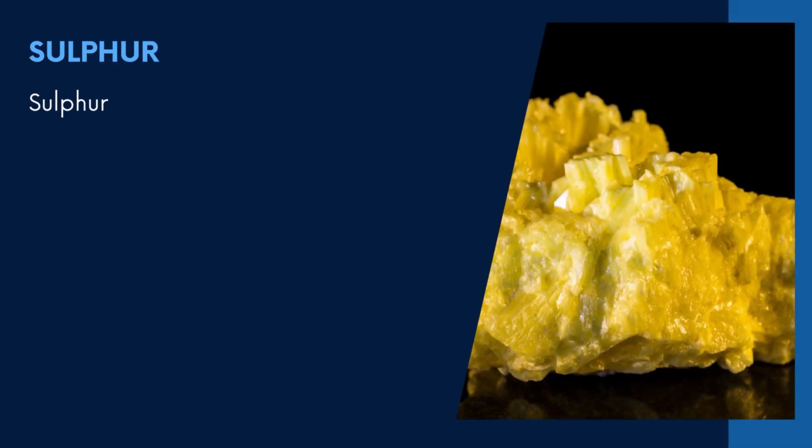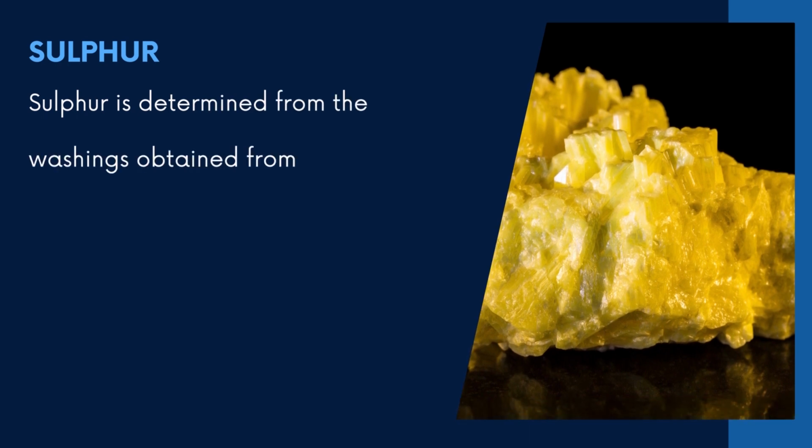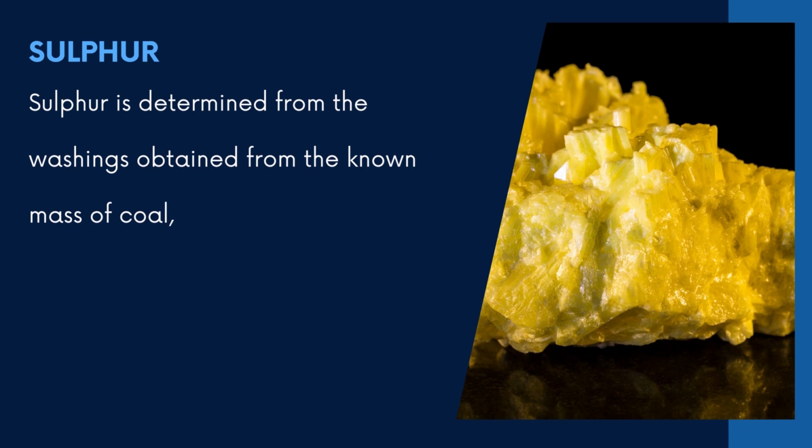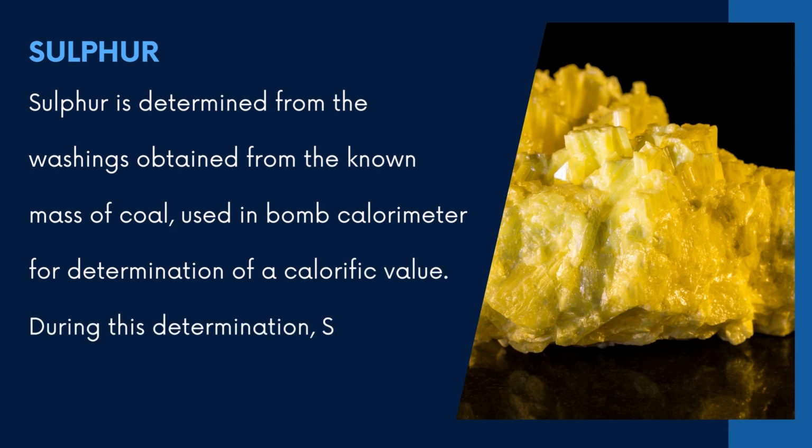Sulfur. Sulfur is determined from the washings obtained from the known mass of coal used in a bomb calorimeter for determining the calorific value. During this determination, S is converted into sulphate. The washing is treated with barium chloride solution, when barium sulphate is precipitated.